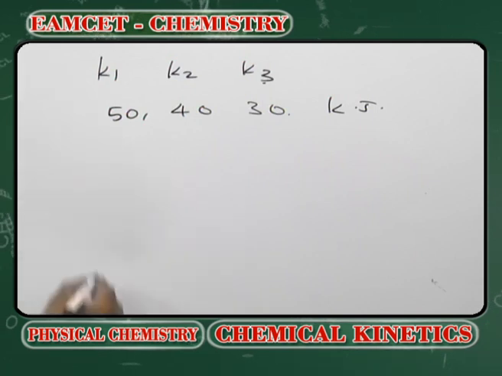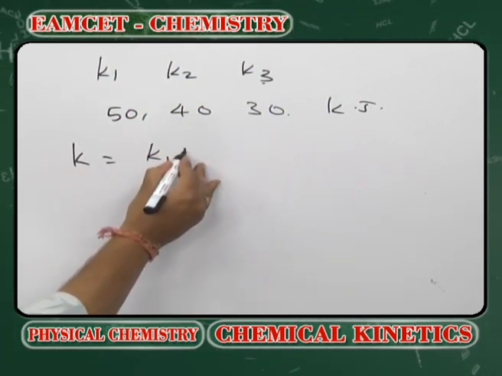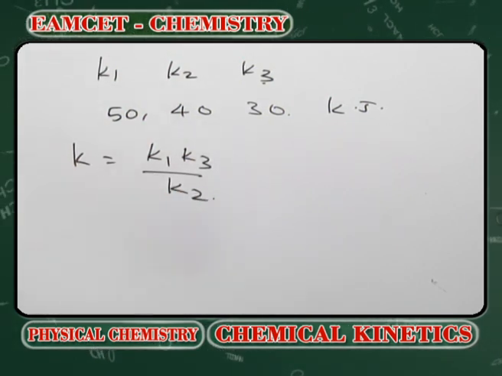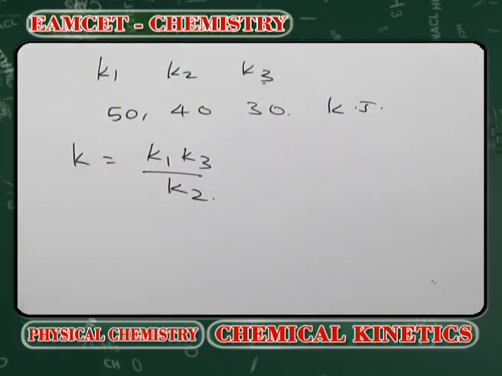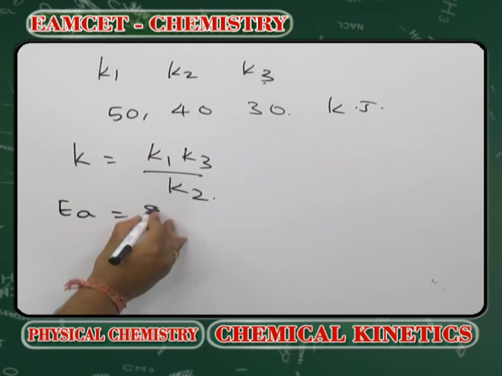Now, the overall rate constant is given by the expression K is equal to K1 K3 by K2. Then what is the overall activation energy?